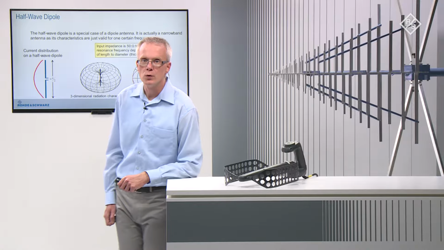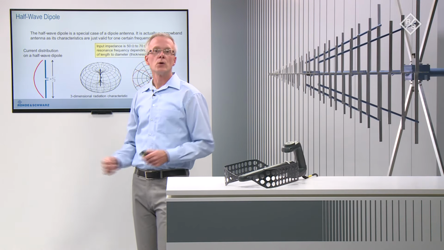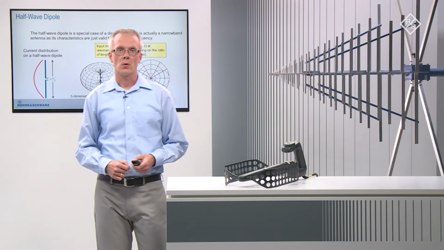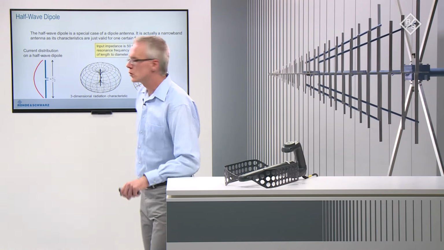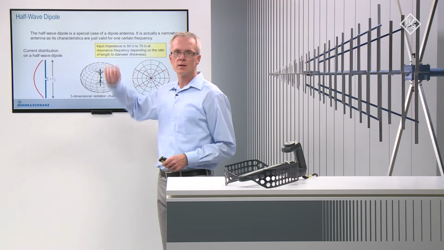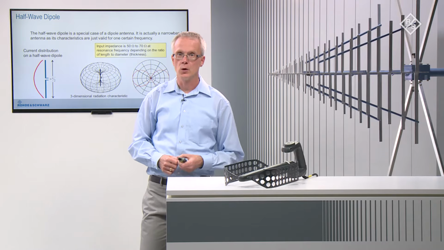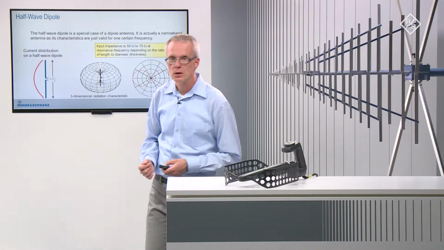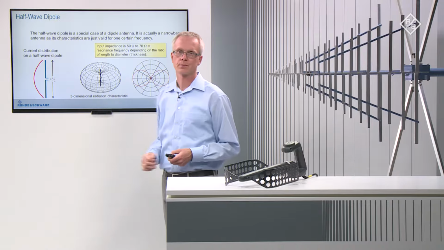The current distribution follows a sinusoidal curve in good approximation, as shown in the drawing. The corresponding three-dimensional radiation characteristics is shown in the picture in the middle and shows the classical donut shape. The dipole does not radiate in the direction of the dipole axis.